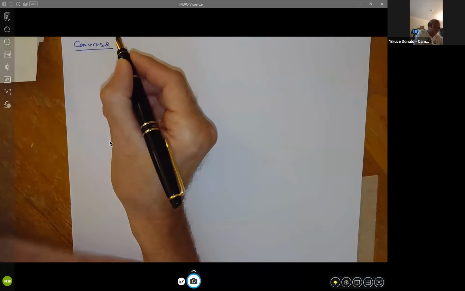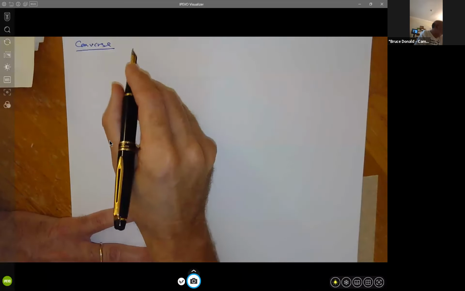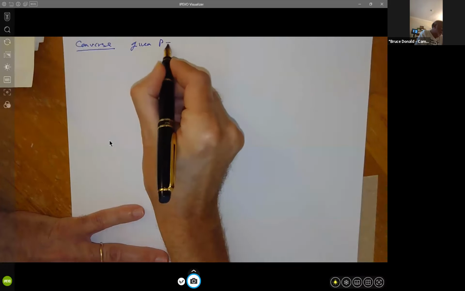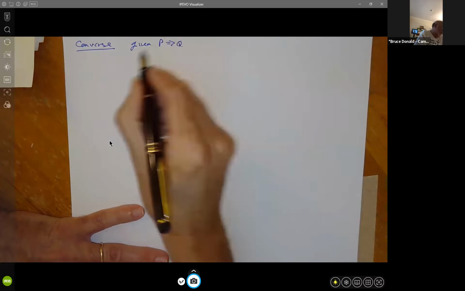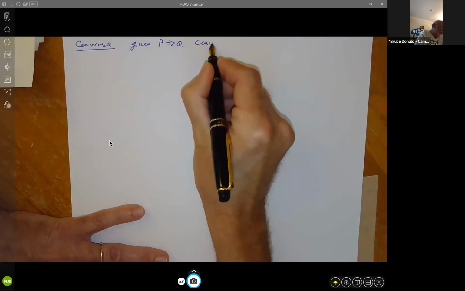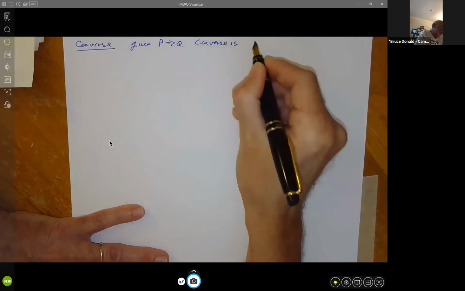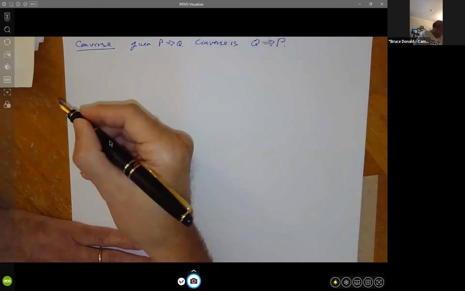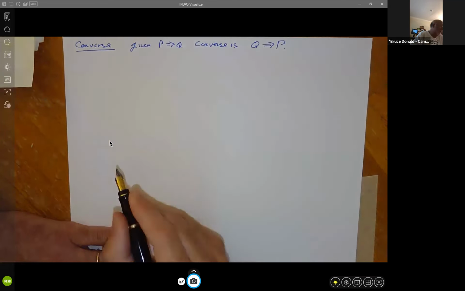So this is another way to form a statement out of P implies Q. Given P implies Q, the converse is Q implies P.